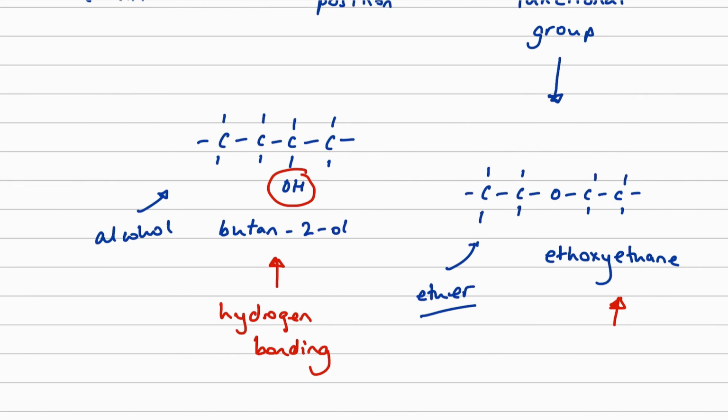It's incapable of hydrogen bonding. We're just going to have permanent dipole intermolecular bonds, and of course both of them are capable of London forces or instantaneous induced intermolecular bonds. So, higher boiling point, simply because it's capable of stronger intermolecular bonds.